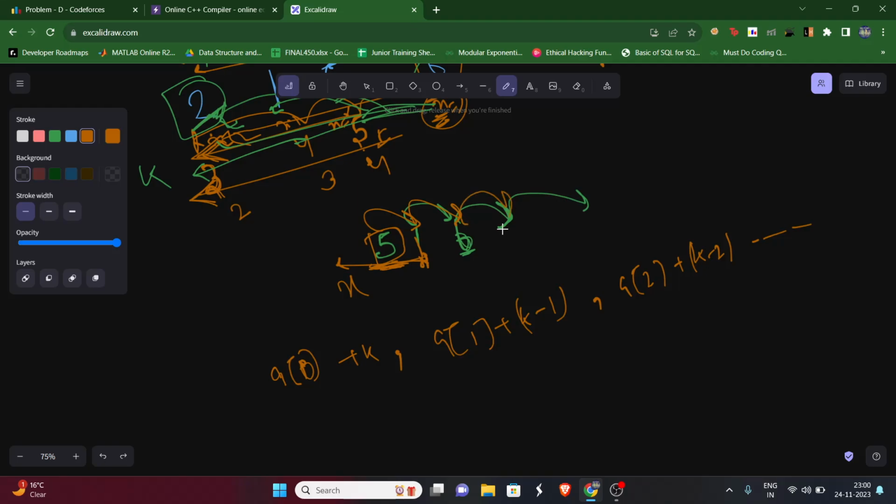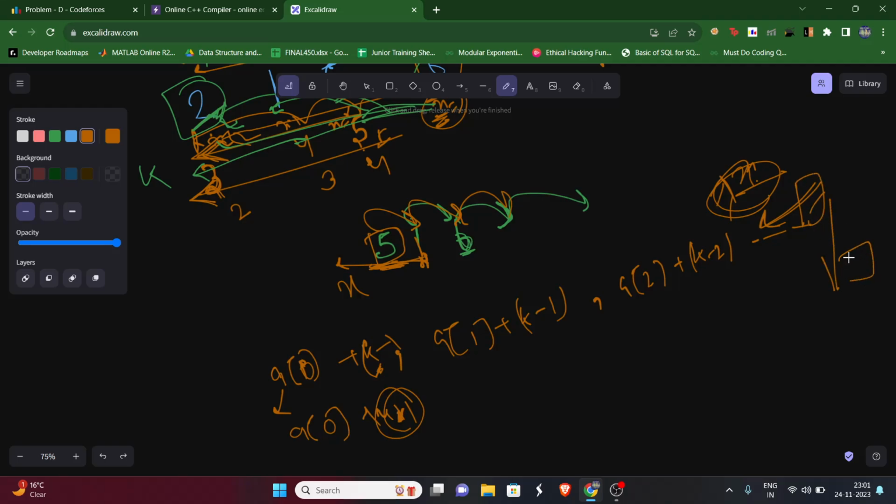And when we shift one point, this entire equation shifts by 1, and it becomes something like this: whatever x we have selected, for the same x, this k value should be incremented by 1, or the power will be decremented by 1. Why? Because whatever index we have selected, we have moved one index further.